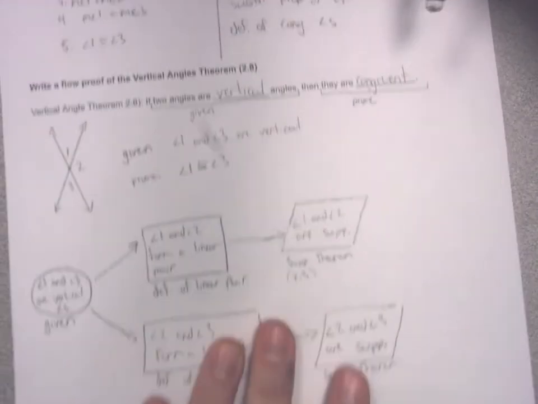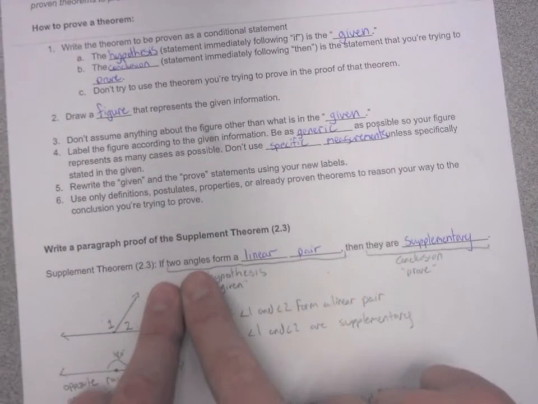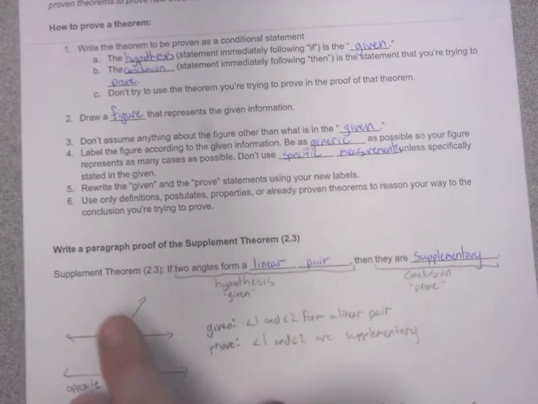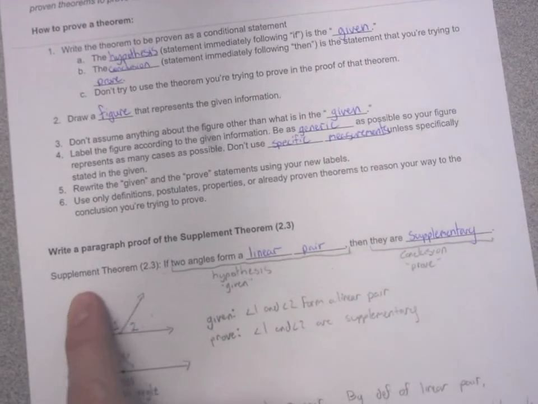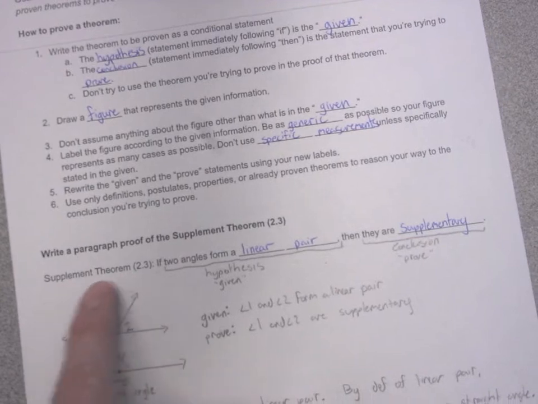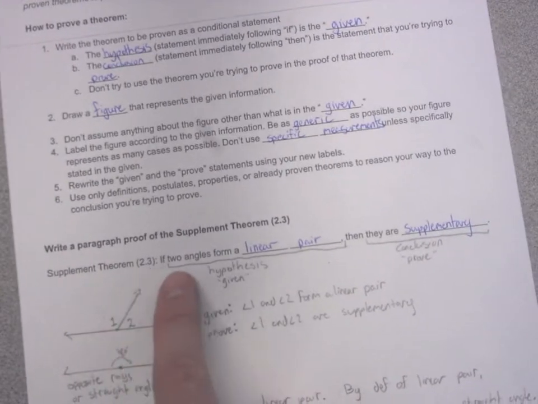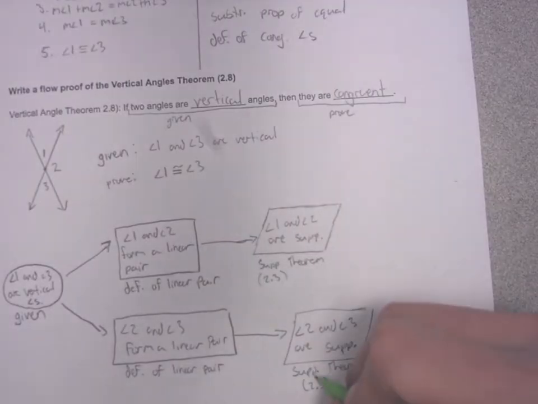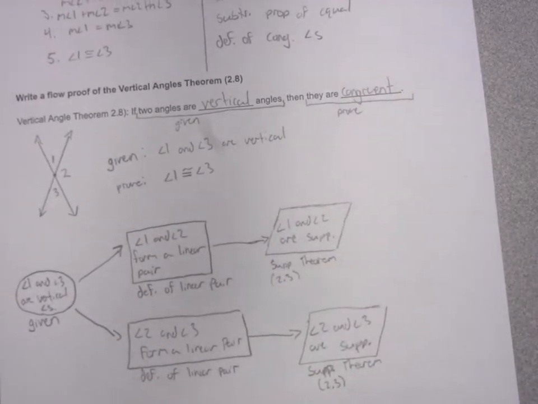In other words, I would just write the theorem itself, and you can abbreviate if you need to. When you're stating a reason, you can state the name of the theorem, you can state the number, or you can just state the theorem itself. As long as you've already proven that it's true, you can use it. I think it's more convenient to know the names of them because it's less writing, but that's up to you. So angle 1 and angle 2 are supplementary, and angle 2 and angle 3 are supplementary.